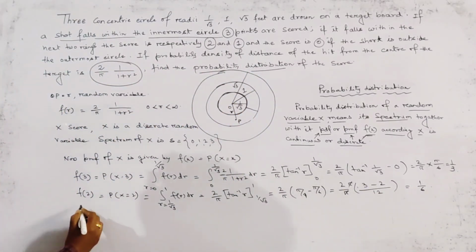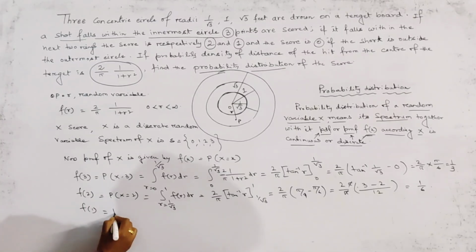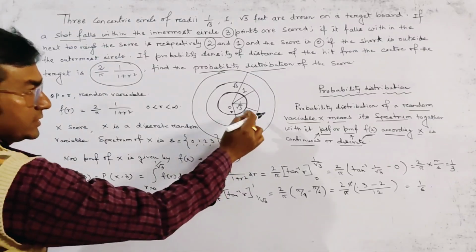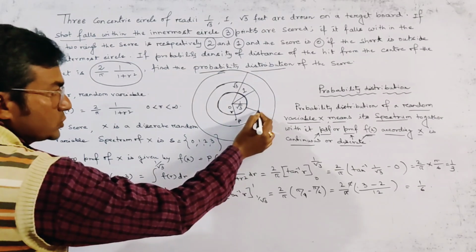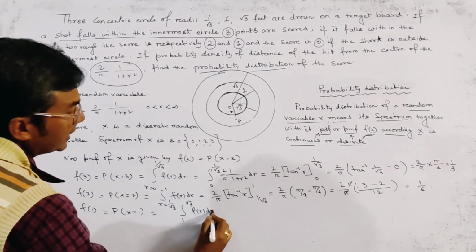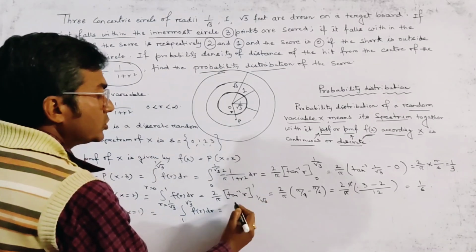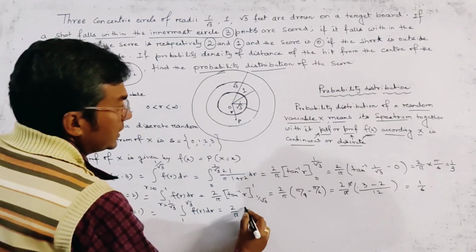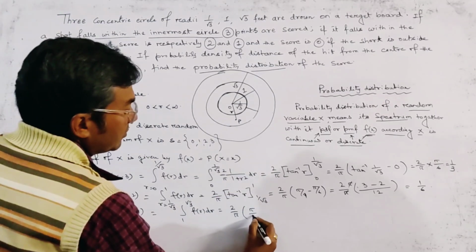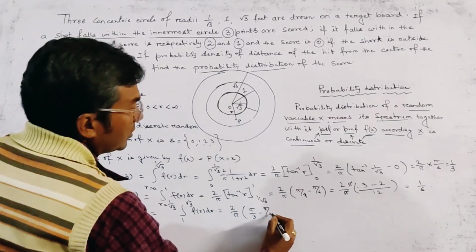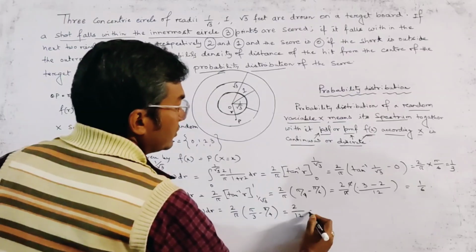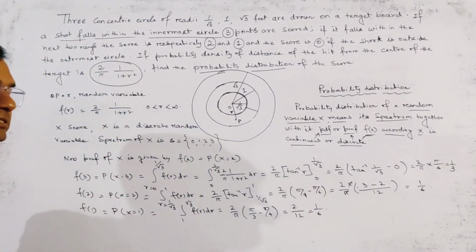Okay, and f of 1 is P of X equal to 1, which is the integration from 1 to root 3 of fr dr, and we directly put the result. This is 2 by pi into, if we put root 3, pi by 3 minus pi by 4, and clearly this is 2 by 12, which is also 1 by 6.